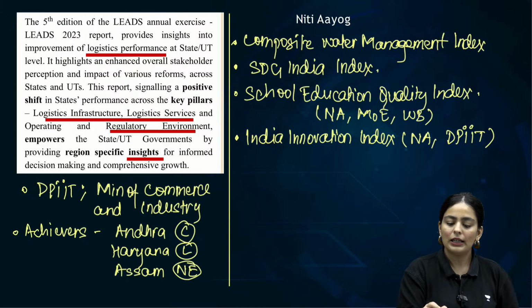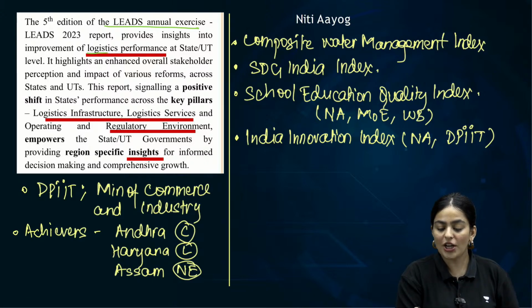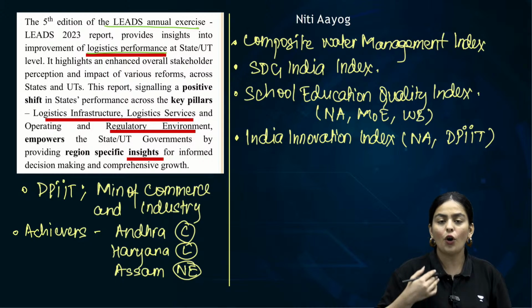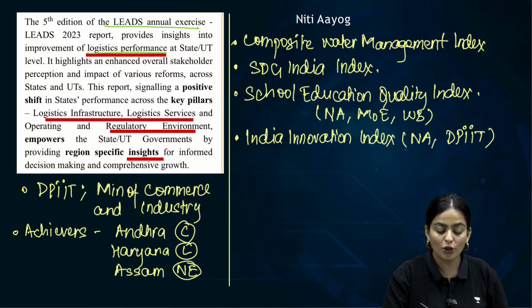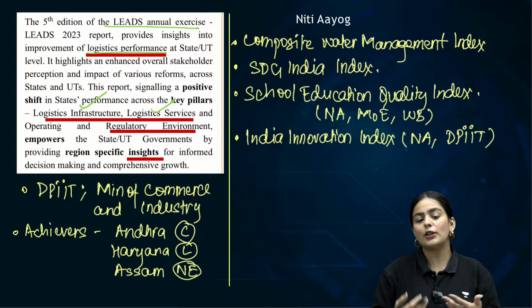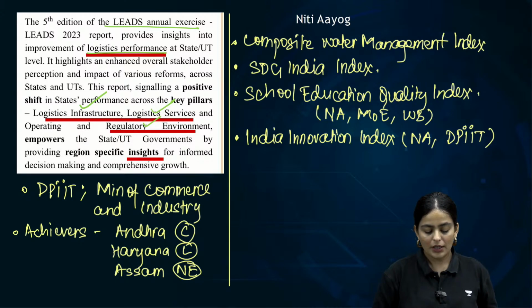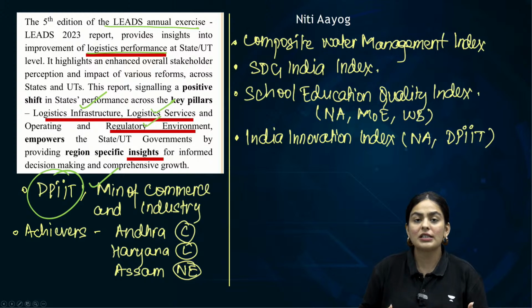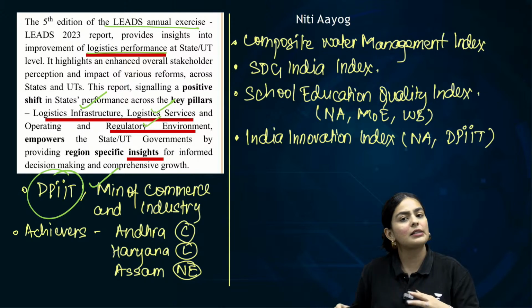Can you see this? LEADS is an annual exercise or report to check the logistical performance of states, ranking them on the basis of logistics infrastructure, logistics service, and the regulatory environment. Clear? It is launched by DPIIT of the Ministry of Commerce and Industry. There are a few achiever states, and they club the states in different areas.